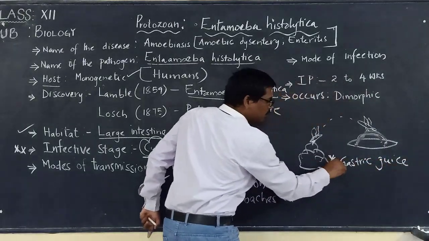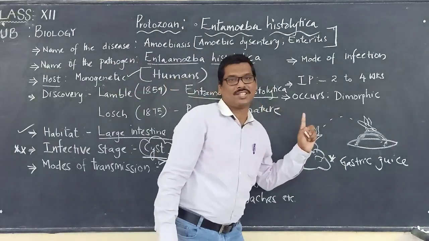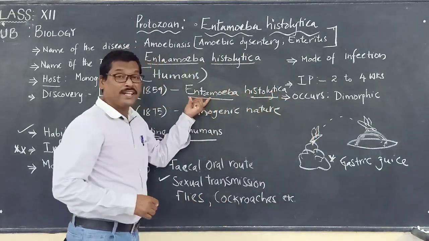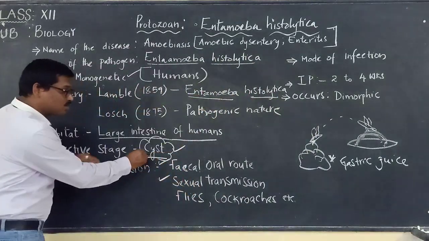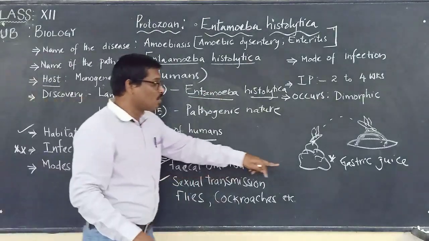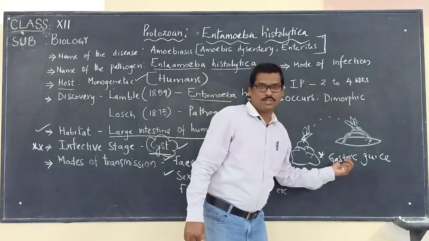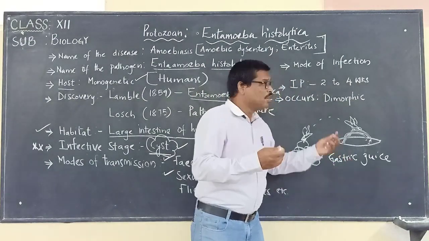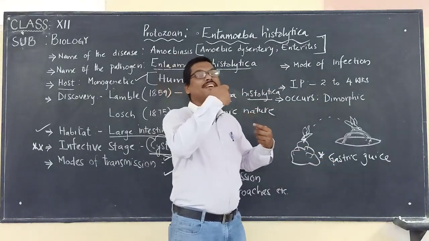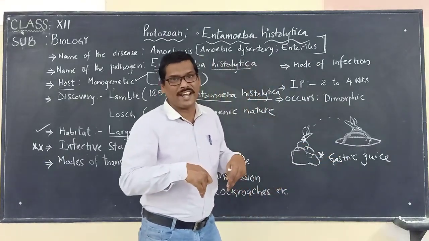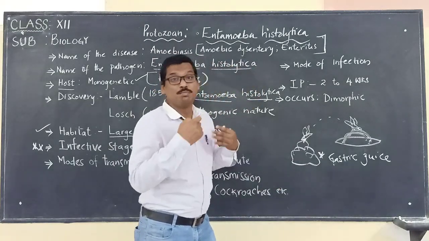Very important to note, gastric juice cannot destroy the cyst, which is nothing but Entamoeba histolytica in the infective stage. That is very important. So in the form of a cyst, it goes from the mouth, esophagus, stomach, then into the small intestine.